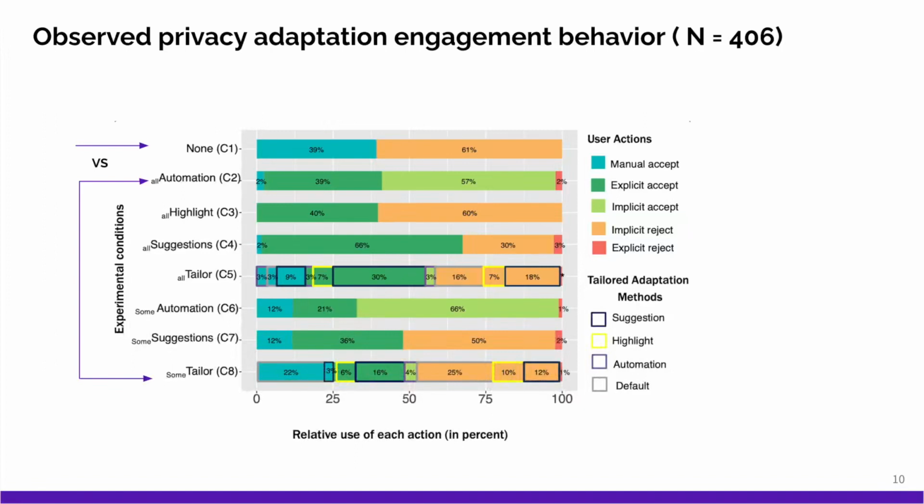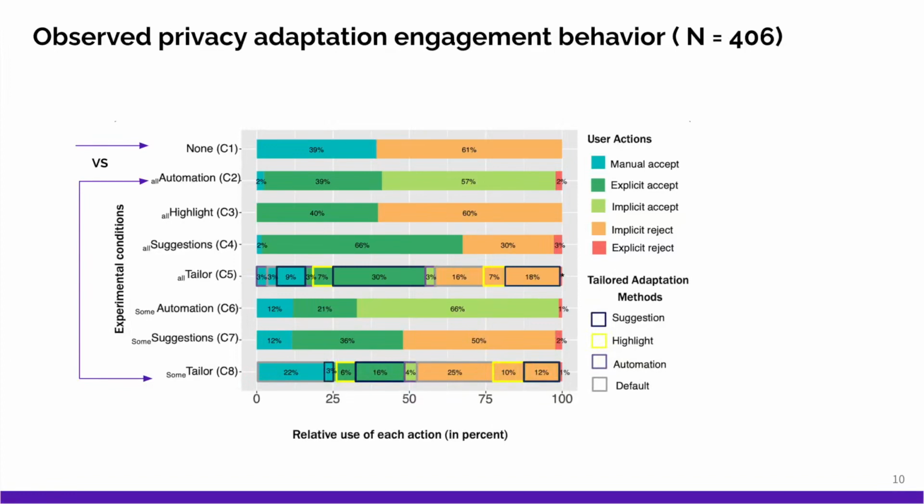Or they implicitly rejected, which is basically they either ignored the highlighted feature or the suggested adaptation, or simply didn't interact with the privacy feature at all, or explicitly rejected, which is basically the participant explicitly rejected the suggestion by clicking rather not, or the adaptation feature by clicking undo. And so what we found, we basically captured the different actions that they took under each of these conditions.